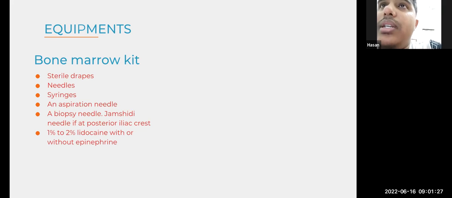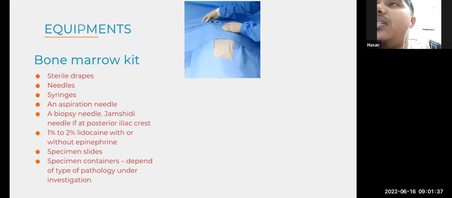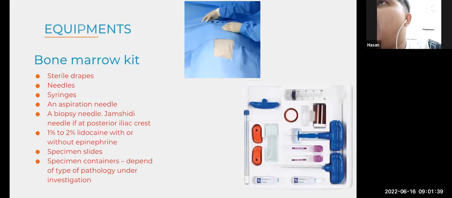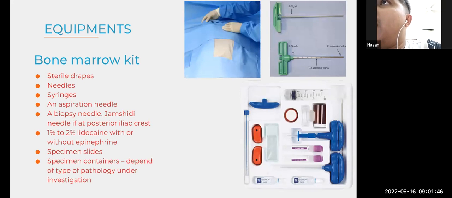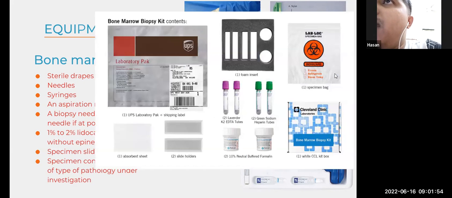We also need 1 to 2% lidocaine with or without epinephrine, and specimen slides and containers depending on the pathology we are investigating. Here you can see the sterile wipes, the needles, the syringes, and the containers. The green one here is for the trephine biopsy.